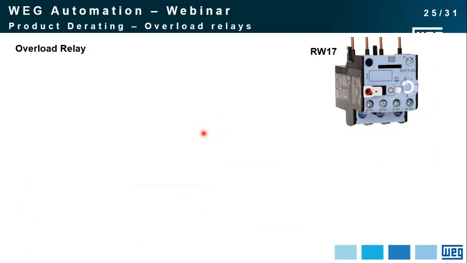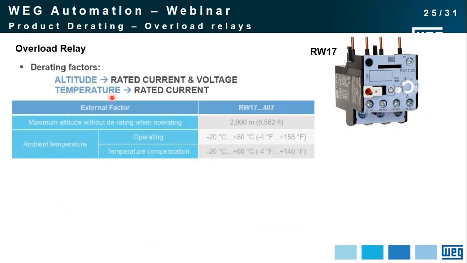Another product that we can talk about is the thermal overload relay. Once again, the same factors apply: rated current, and altitude applied to voltage, so the insulation voltage is affected by altitude. Here, the technical data says that we can use it up to 2000 meters without derating. The operating temperature is from -20 up to +80 degrees Celsius, due to the plastic materials we are using on it.